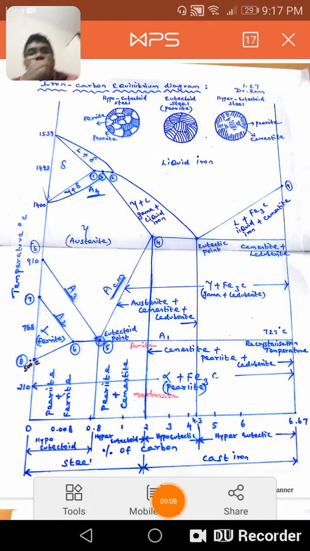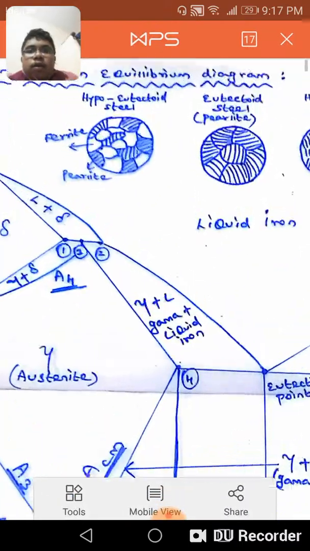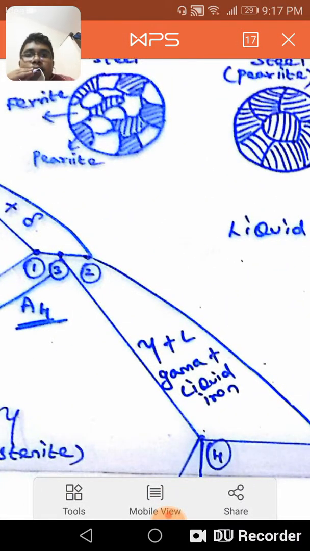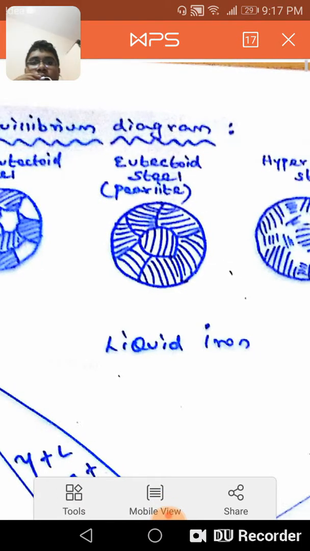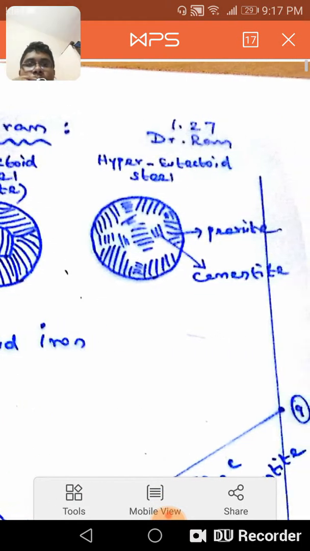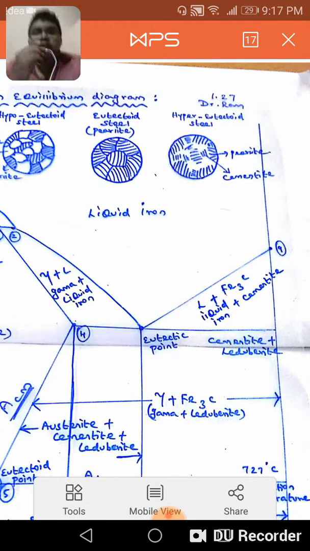Here, by finding the individual phases of the iron carbon diagram, we can know the microstructures of different phases. As shown, in hypoeutectoid steel pearlite and ferrite appear, in eutectoid steel pure pearlite appears, and in hypereutectoid steel pearlite and cementite appear. This is the iron carbon diagram.